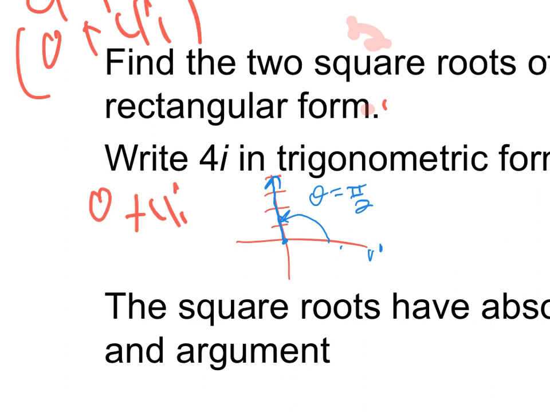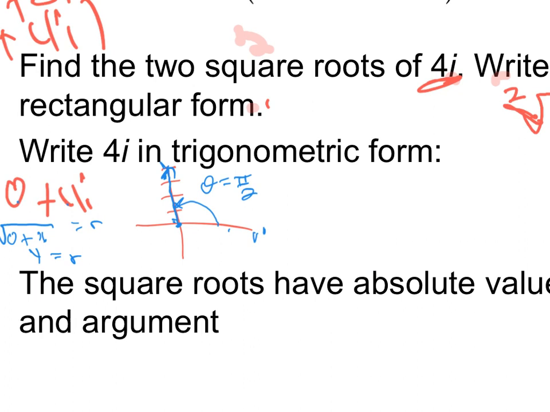Well, how do I find the argument? Remember the square root of, in other words, how long is r? Square root of 0 squared is 0, and 4 squared is 16. Square root of 16 is 4. Well, duh. Look at it, it's 4. I can count it.